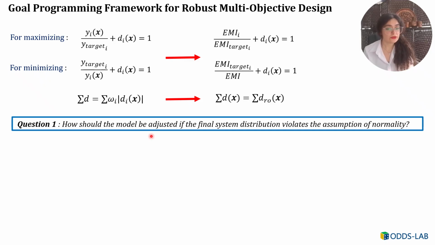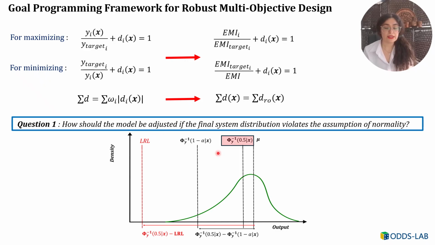So how are we going to address this? In our paper, we consider the median of the distribution instead of the mean value. And in the denominator term, instead of the classic definition of the standard deviation, we consider distances between the median and some quantiles, which I am going to talk about.